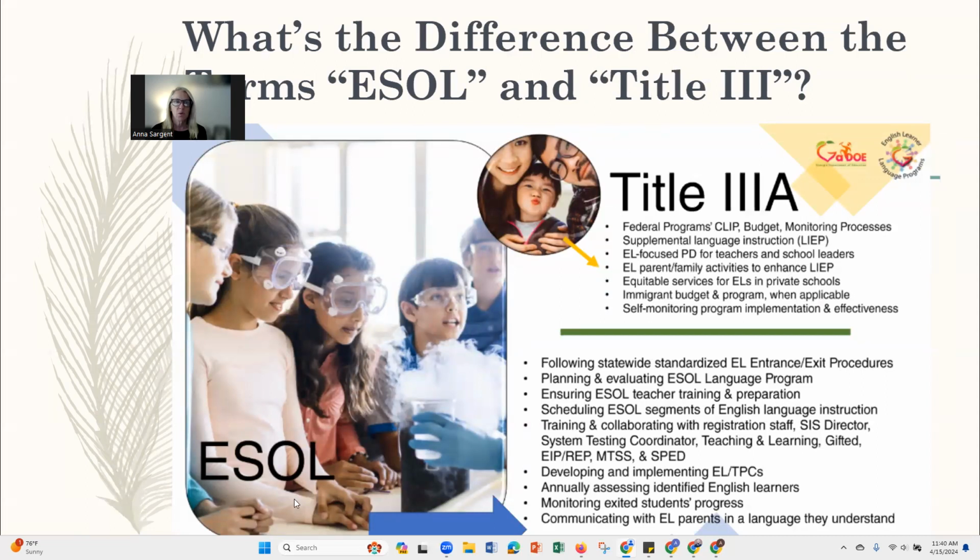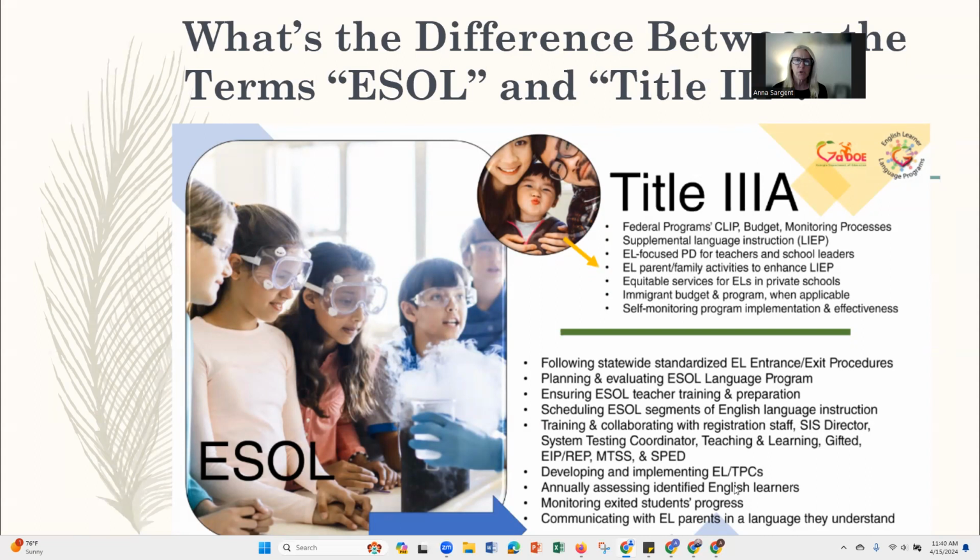So ESOL are the state obligations, and these are federal obligations. Another big difference is that Title III is where you supplement your ESOL program, and you actually have funding from the feds that comes with Title III money if you have a specific number of ELs in your district.